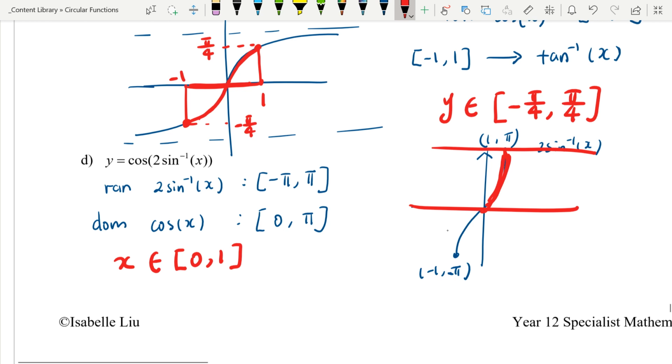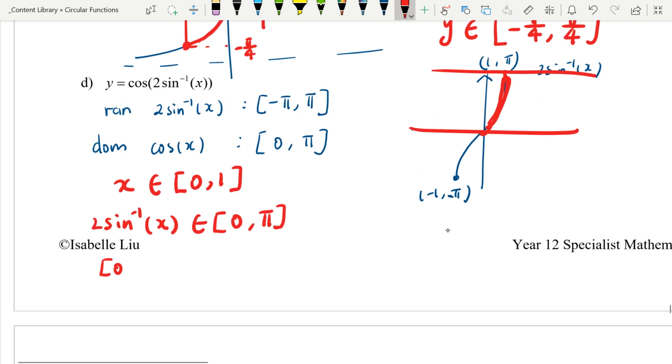Okay, so I want to make the innermost range become a subset of the outermost domain. So now if I have x belongs to 0 to 1, then 2 sine inverse x belongs to 0 to pi. And I can put 0 to pi into cosine x.